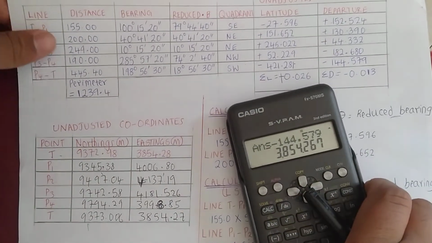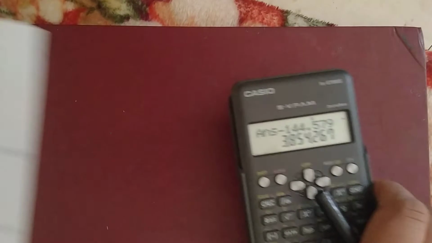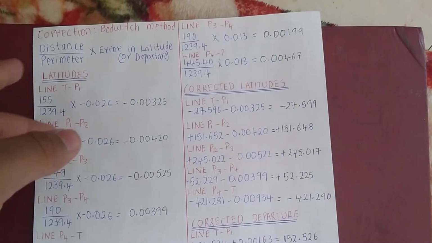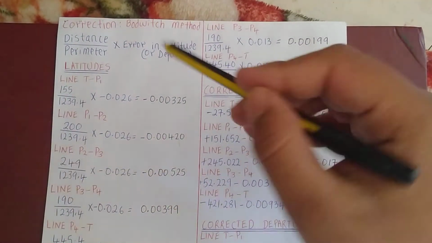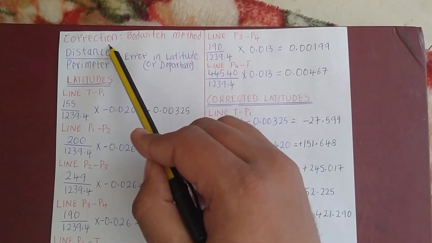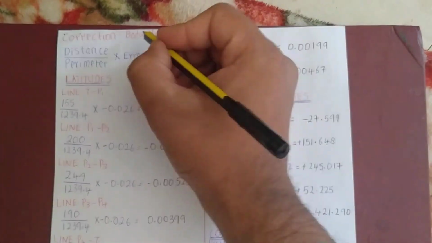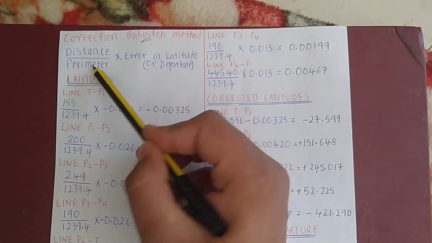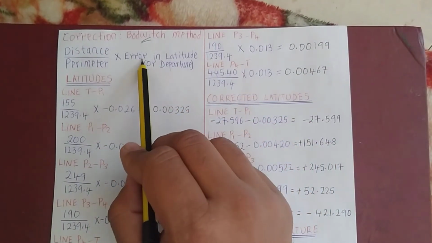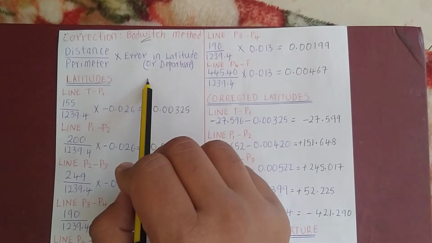Now we shall go and correct the errors using Bowditch's method. I have done it over here. This is the correction using Bowditch's method. The formula is distance over the perimeter times the error in latitude or departure.